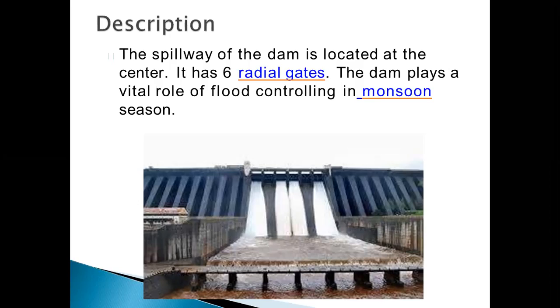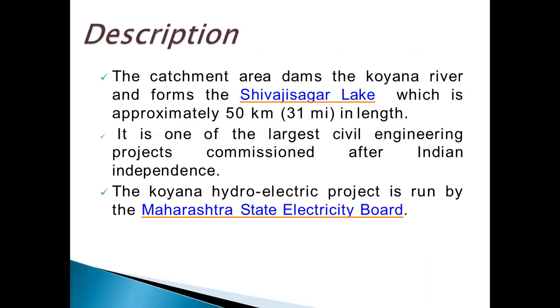So this dam is also useful in controlling floods because of its huge storage. The catchment area and the river by the nearby area form the Shivsagar Lake, which has an average length of 50 kilometers.